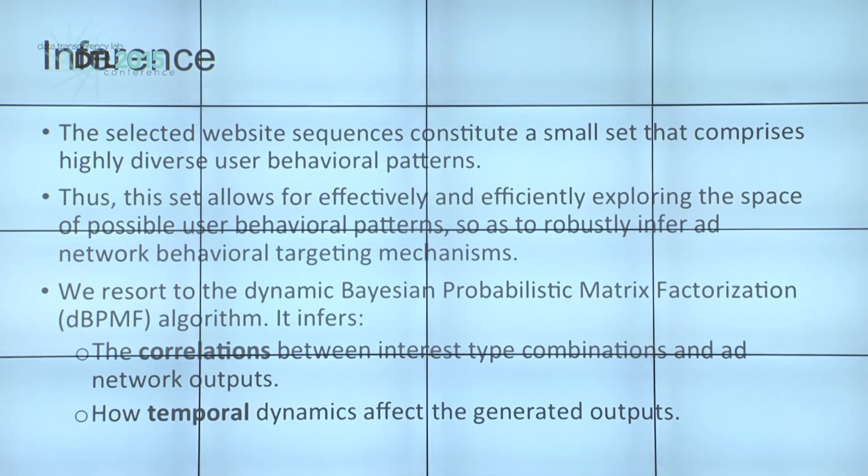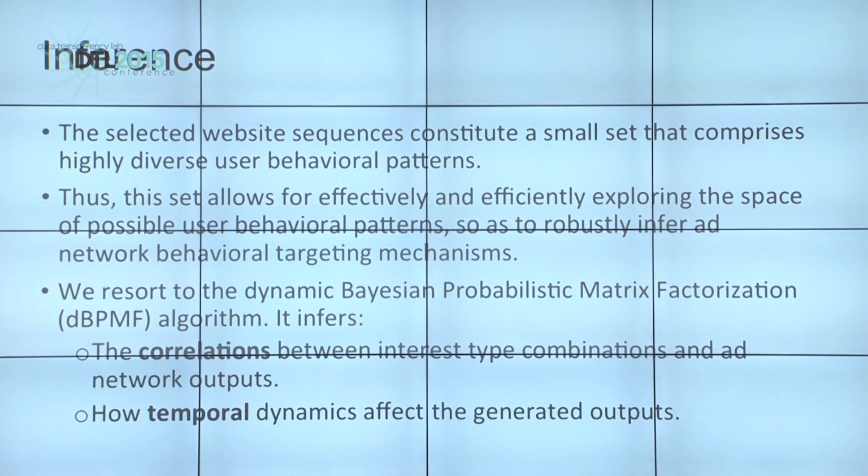So once we have followed this procedure, we basically end up with a number of sequences which constitute very diverse patterns of sequences of websites that a user may be visiting. And this constitutes a very large subspace of the possible user patterns, the behavioral pattern space.